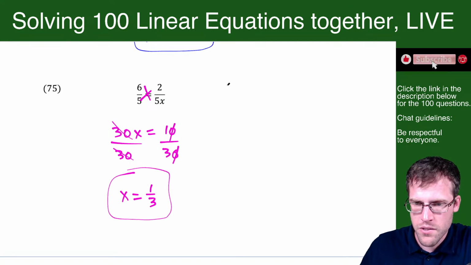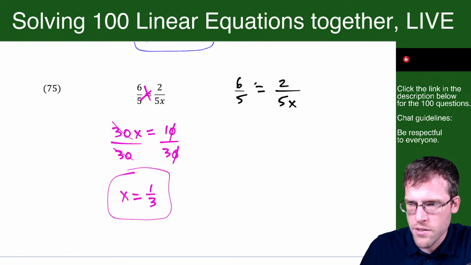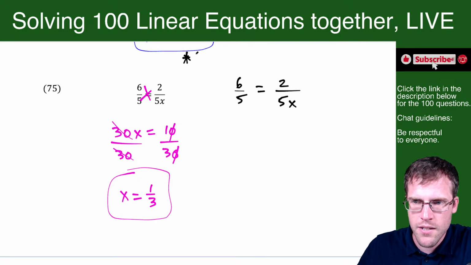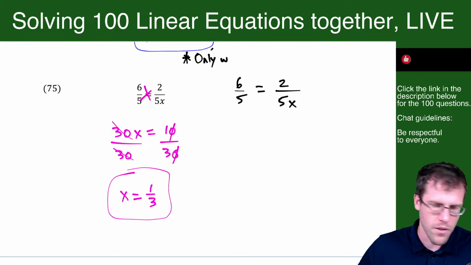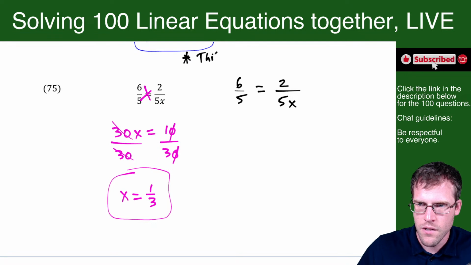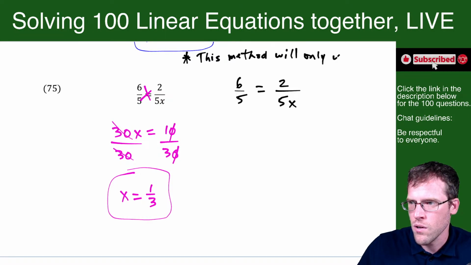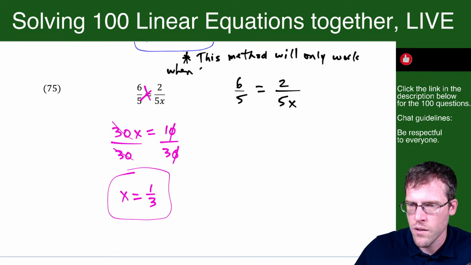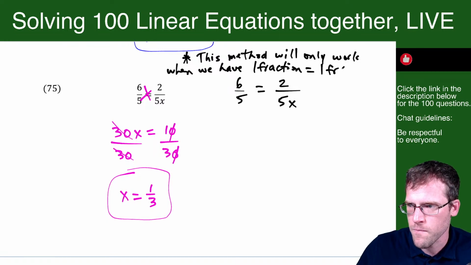I'm going to show another way of doing this though. 6 over 5 equals 2 over 5x. But just remember, this technique only works when we have 1 fraction equals 1 fraction.